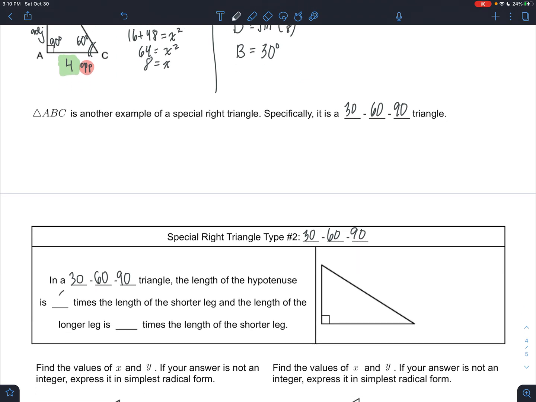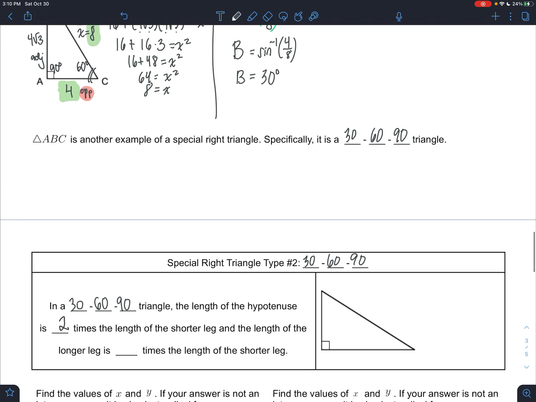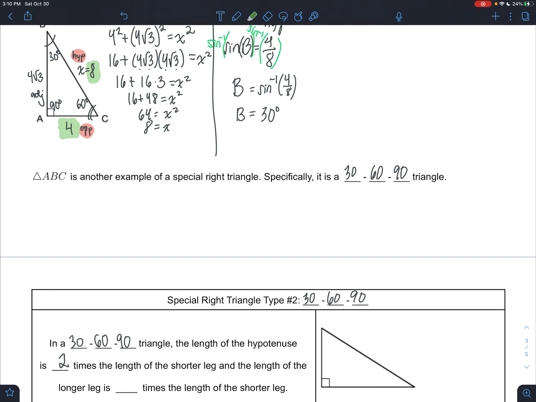So the hypotenuse is 2 times the length. And if you play that same game with this side, it looks like if you take 4 and you times by square root 3. So let's read that sentence again. The length of the hypotenuse is twice the length of the short leg. And the length of the long leg is square root of 3 times the length of the short leg.